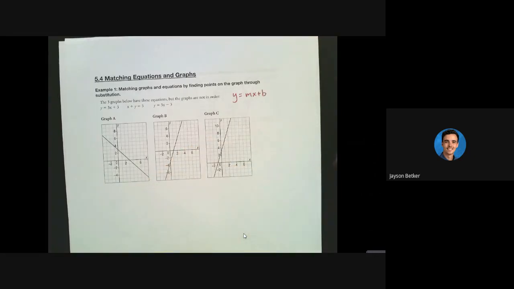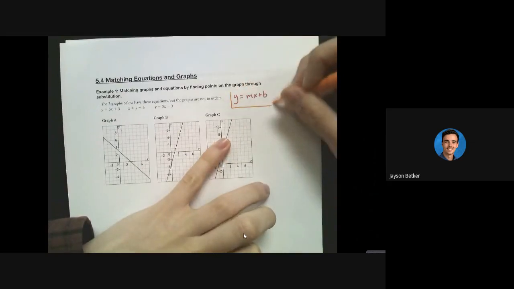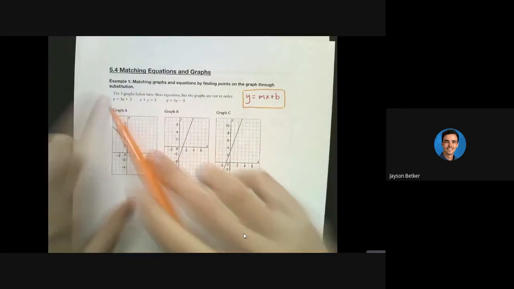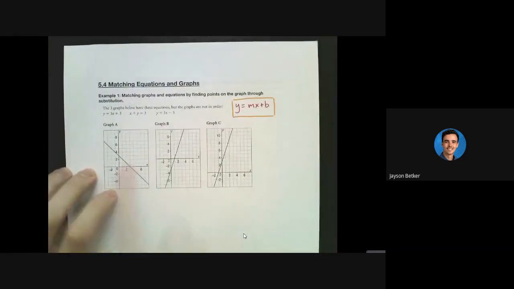This is a really important general form for mathematics, and it's something that you'll see a lot more in the future. It's basically a general form for oblique or straight line graphs. I had a question from a student, what does the word oblique mean? It just means slanted. It's a slanted line.